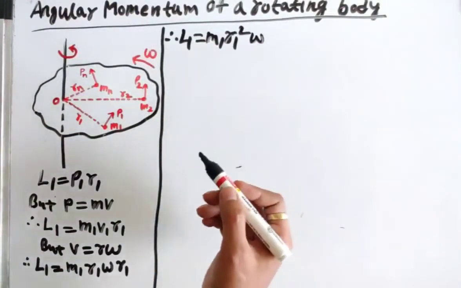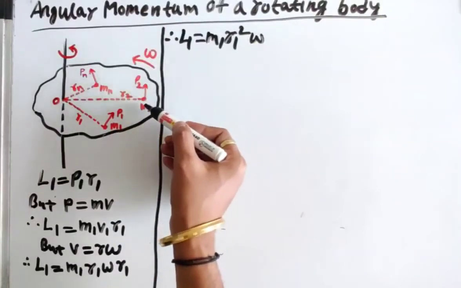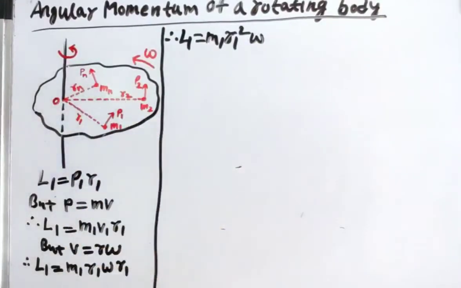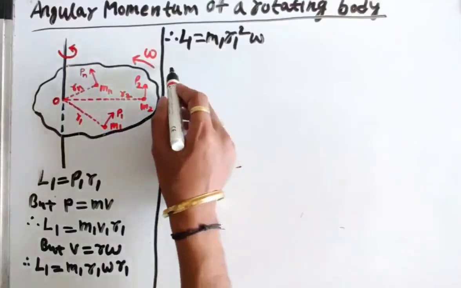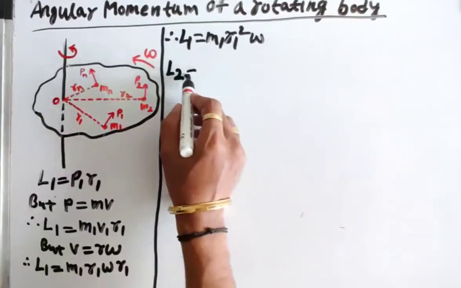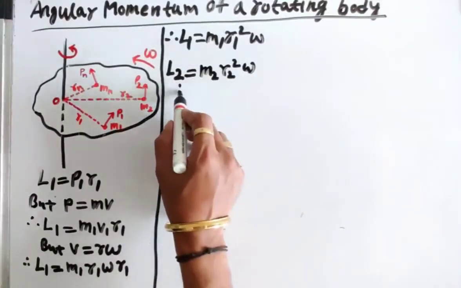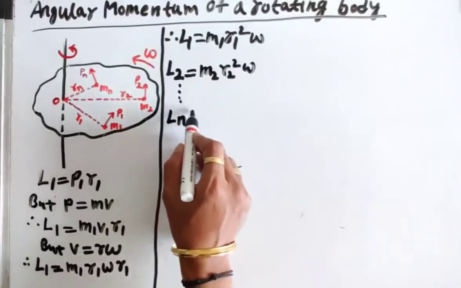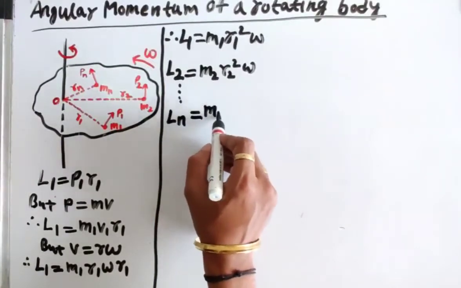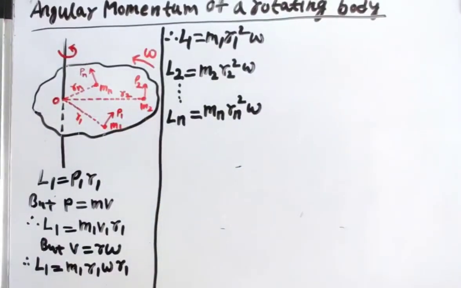Similarly, for particle number 2 of mass m2 with linear momentum p2, at a distance r2 from the axis of rotation, its angular momentum is L2 = m2 r2 square omega. Similarly, for the nth particle we can write mn rn square omega.